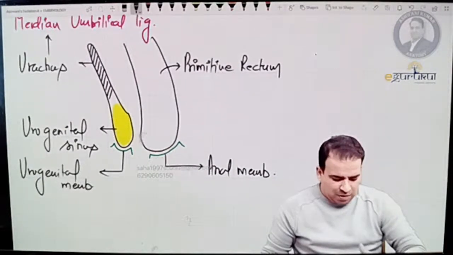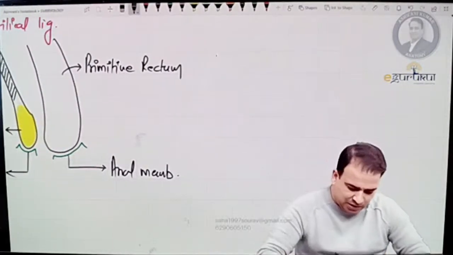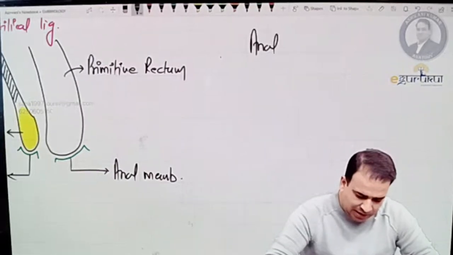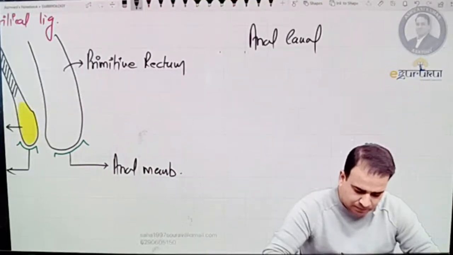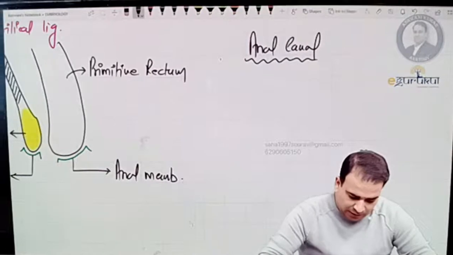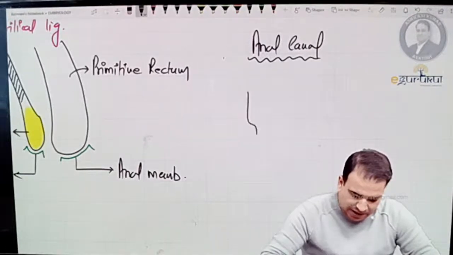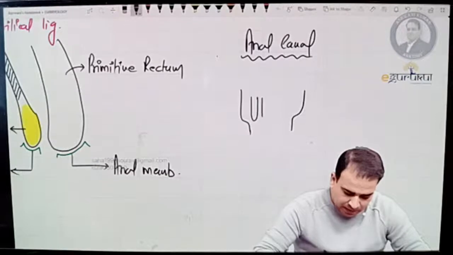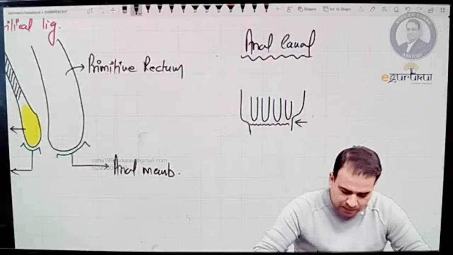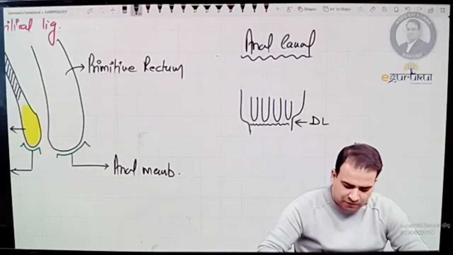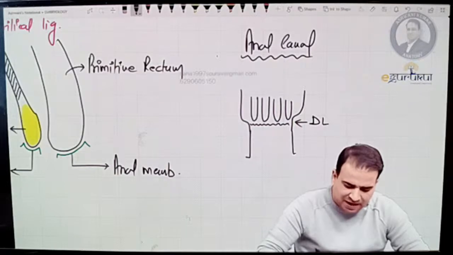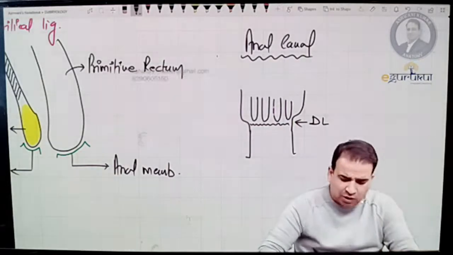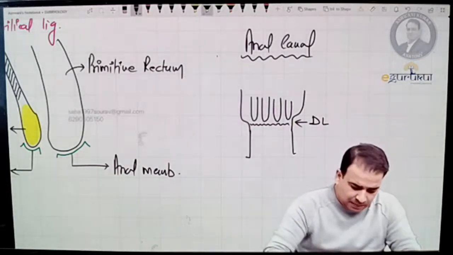But what about the anal canal? If you look at the anal canal, the main landmark that we have in the anal canal is the dentate line, which is the lower limit for the anal columns, anal valves, anal sinuses, all these things.